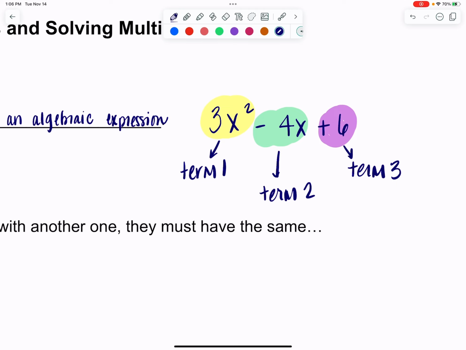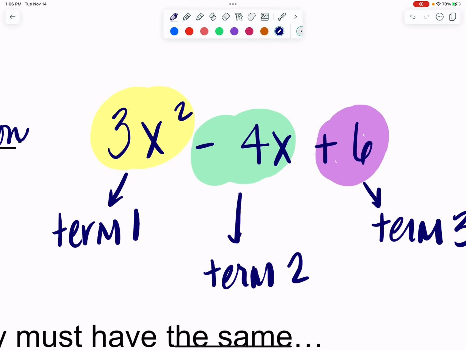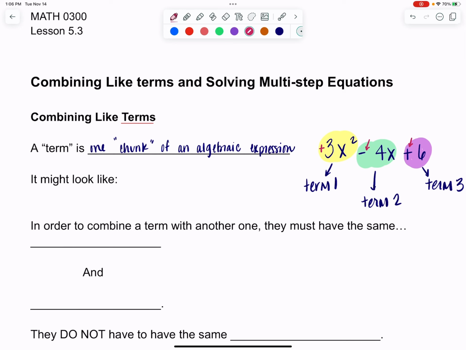So these are chunks, and those chunks get created by the mathematical operators that separate them. Notice that each term, though, keeps the sign in front of it. If we were to put a sign in front of the 3x squared, it would be positive.